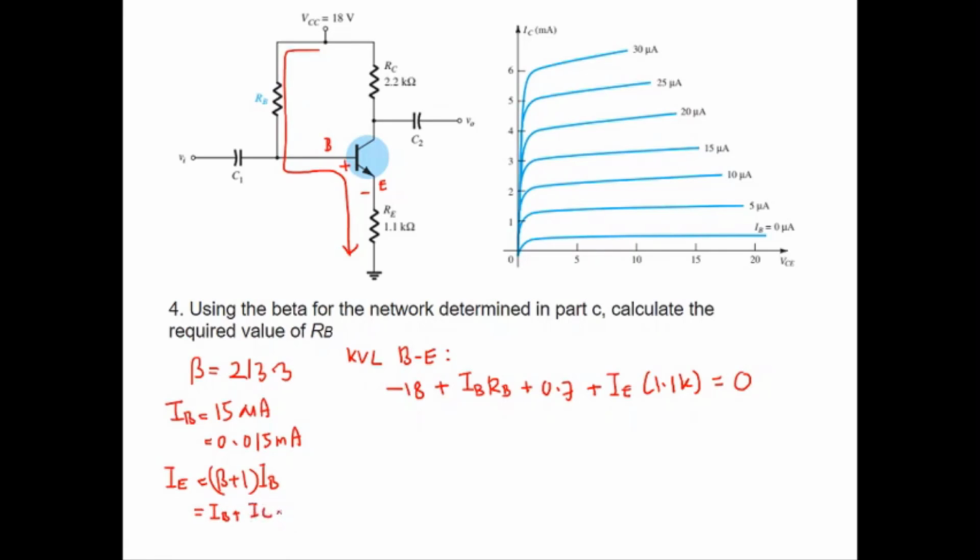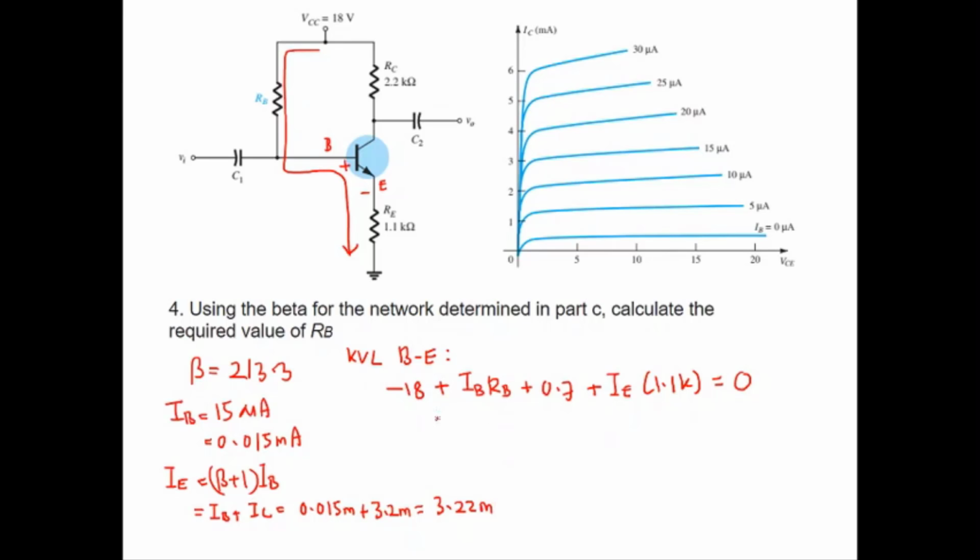So IB is 0.015 milli, and then IC is 3.2 milli. So you got here 3.22 milliampere. Okay, so insert the value in the KVL.